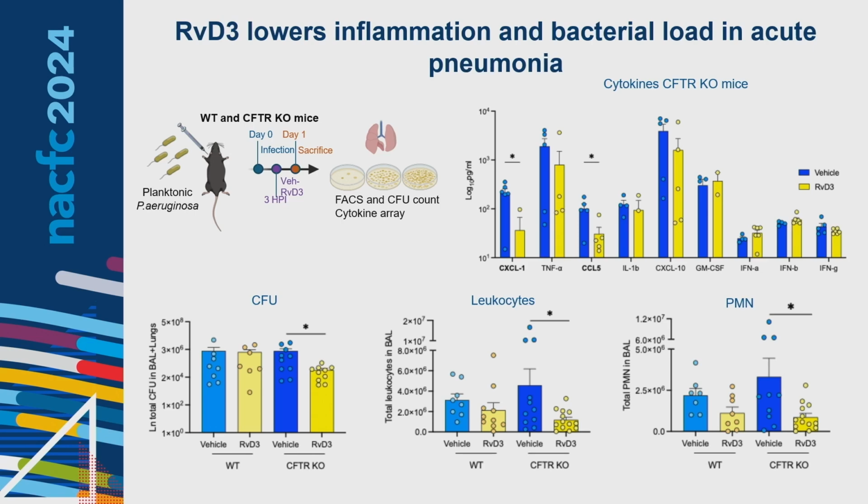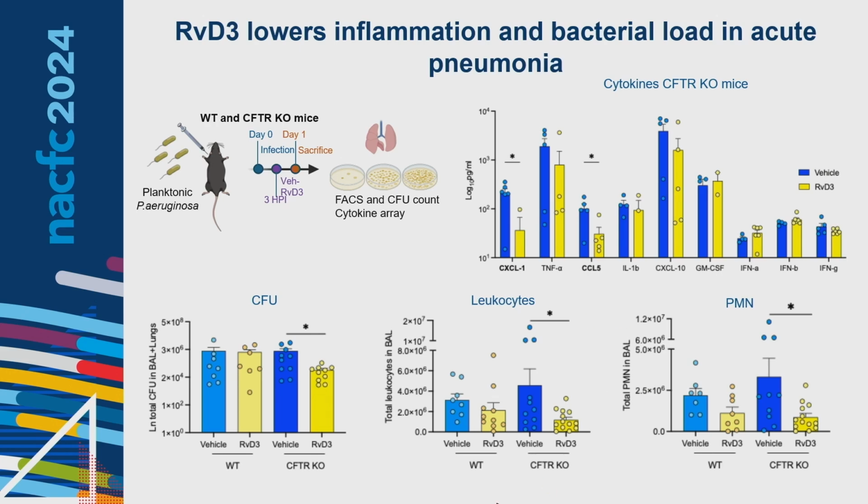Then, to test resolvin D3 bioaction, we again repeated the same in vivo experiment with acute challenge with Pseudomonas aeruginosa, treatment with a single dose of resolvin D3 3 hours later, and sacrifice the day after. In this condition, we found that resolvin D3 is able to significantly reduce total bacterial load, leukocytes, and in particular neutrophil numbers only in CFTR KO mice, again consistent with our hypothesis that resolvin D3 is only able to reduce platelet activation in this condition.